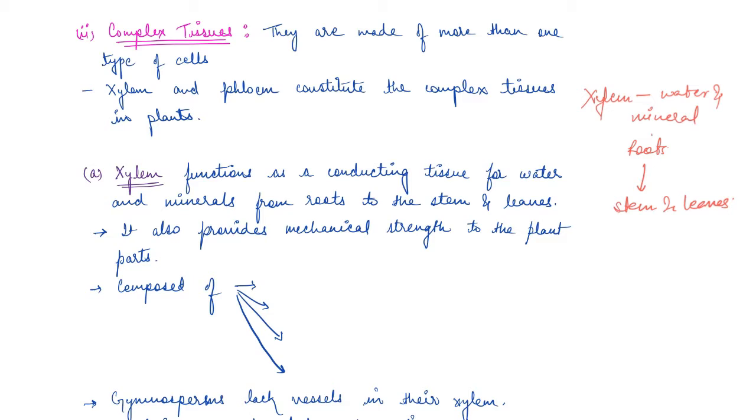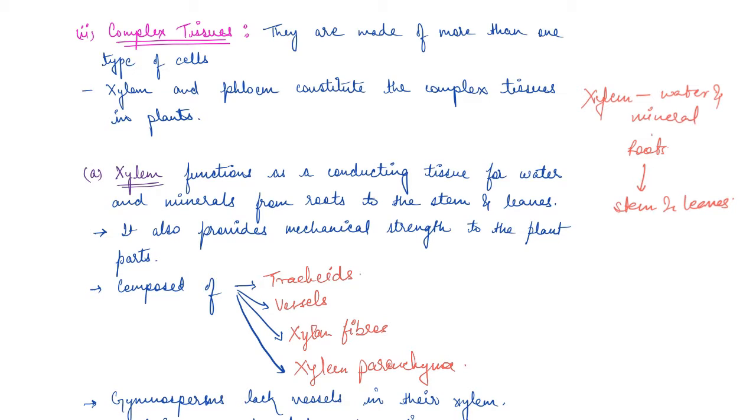So xylem is basically composed of four different kinds of elements. Now, what are these elements? These elements are tracheids, vessels, xylem fibers, and xylem parenchyma, right?